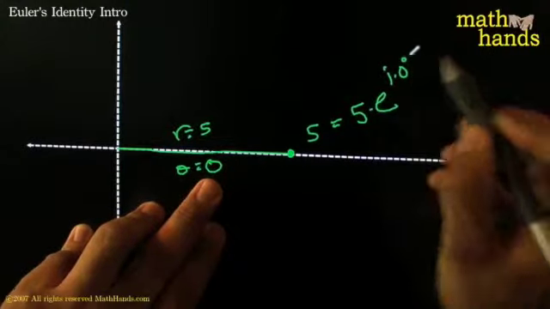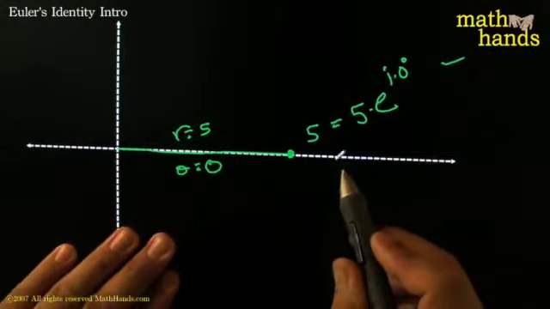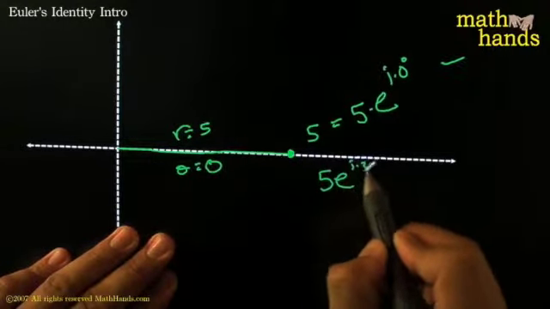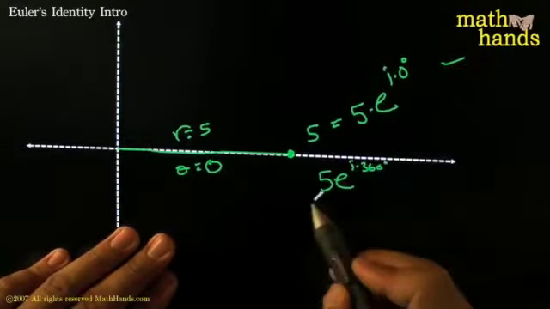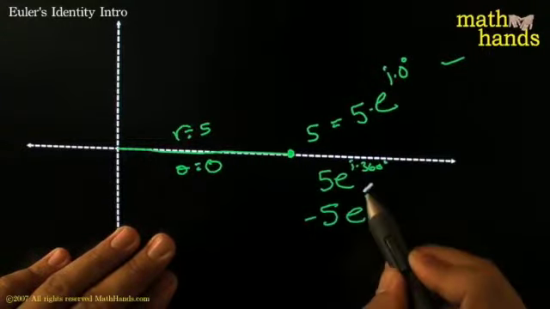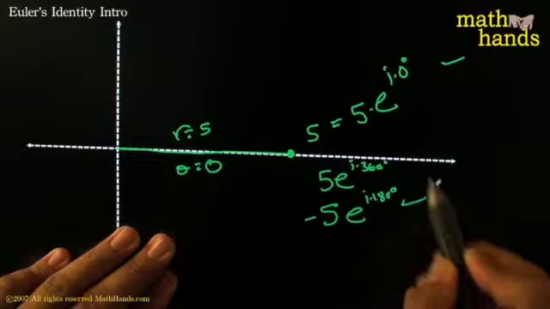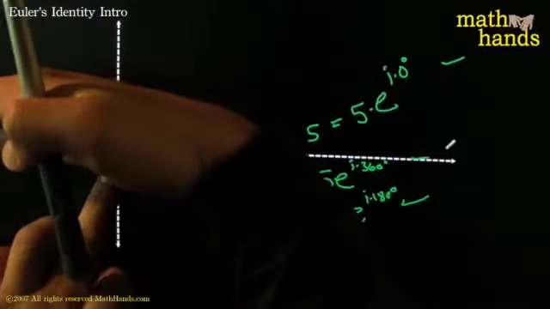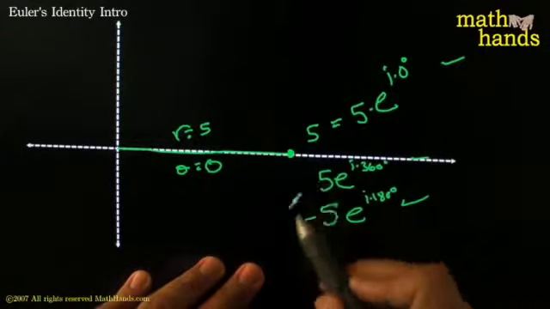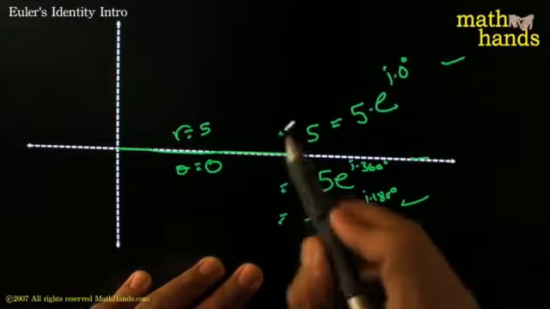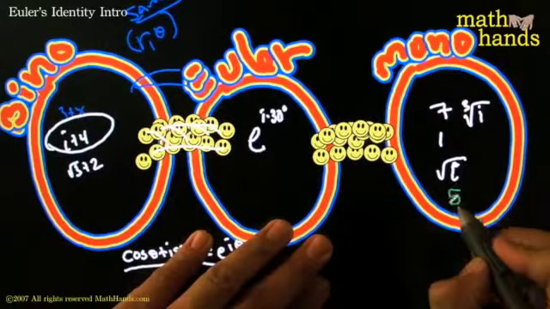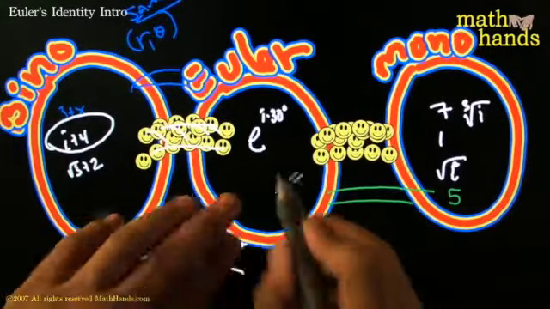And then this would be square root of 13 times, well, cosine of this angle would be adjacent over the hypotenuse, which is the square root of 13. This would be 3 over the square root of 13, plus i times sine, which would be the opposite, which would be 2 over the square root of 13. Then you distribute the square root of 13. That would give you 3 plus 2i.